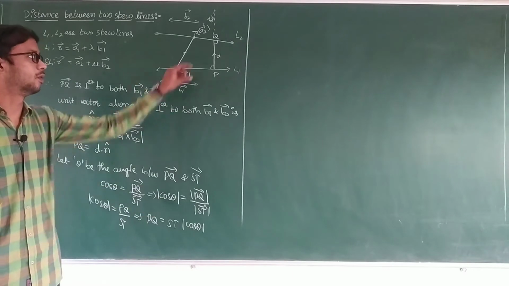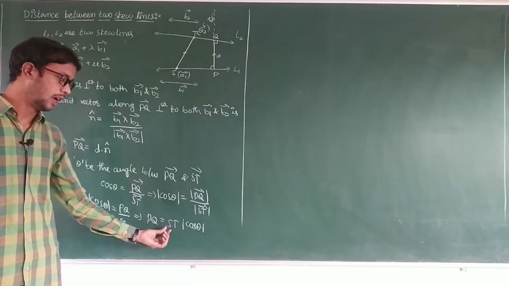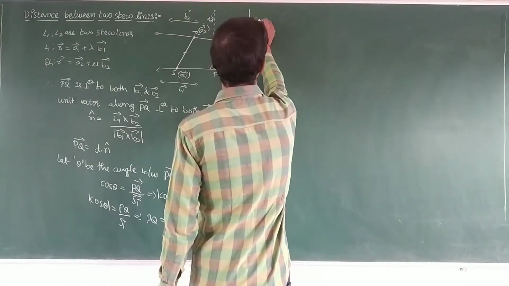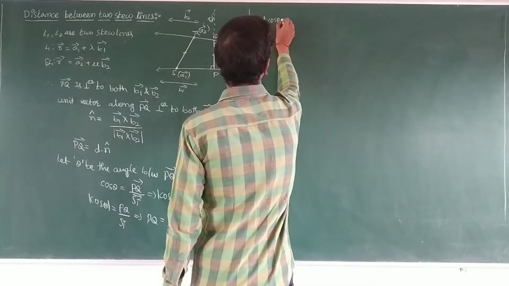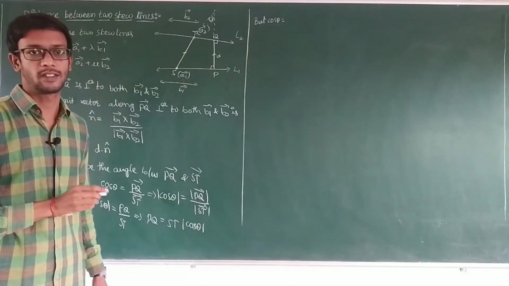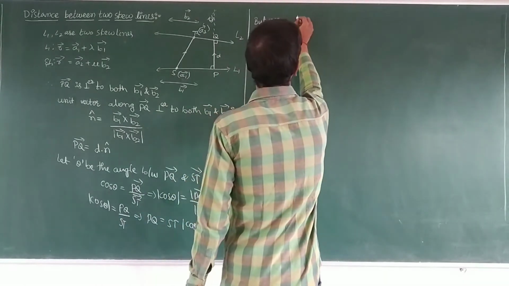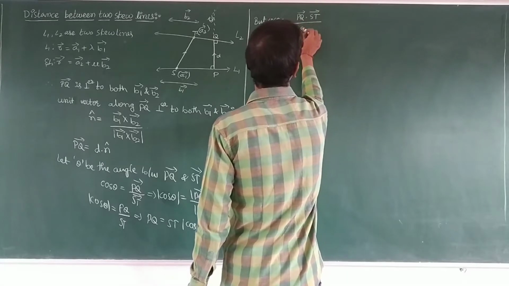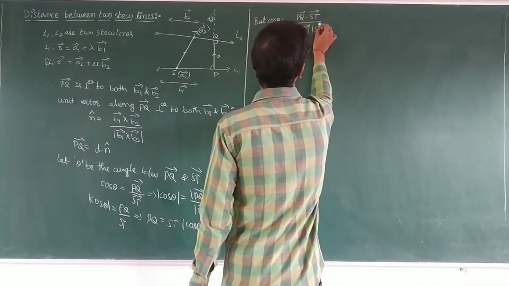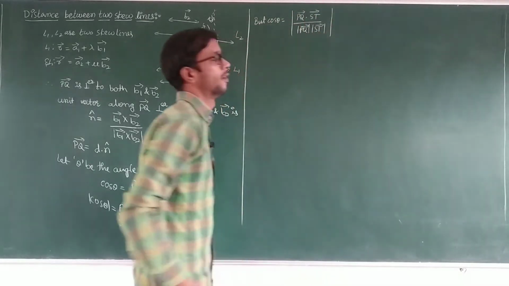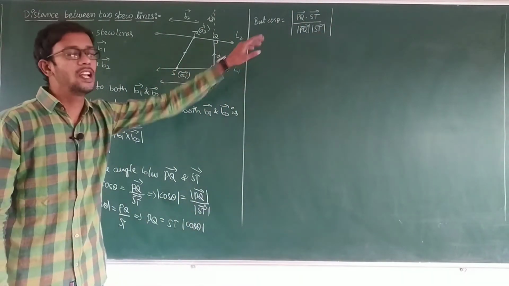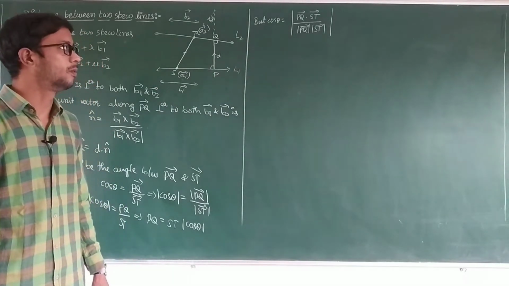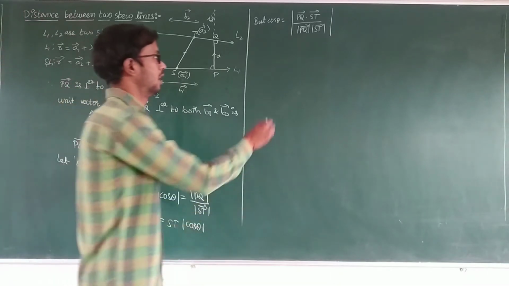We need the PQ value, the distance between P and Q. But we know cos theta is given by the angle between two vectors formula: PQ bar dot SP bar divided by magnitude of PQ bar into magnitude of SP bar. This is the angle between the two vectors in dot product. So now you have to substitute the values here.